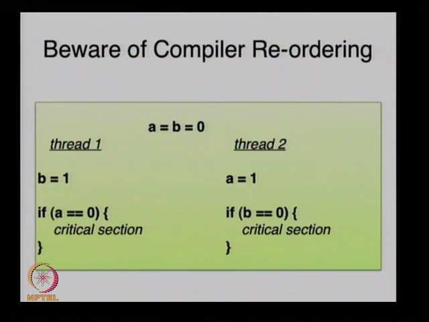Thread 1 says set B equal to 1, which is my indicator. When B is equal to 1, I'm indicating that I am doing something special. I'm going into the critical region. Now it checks if A is equal to 0, meaning the other guy hasn't set A to 1. Then go into the critical section and do whatever you want to do.